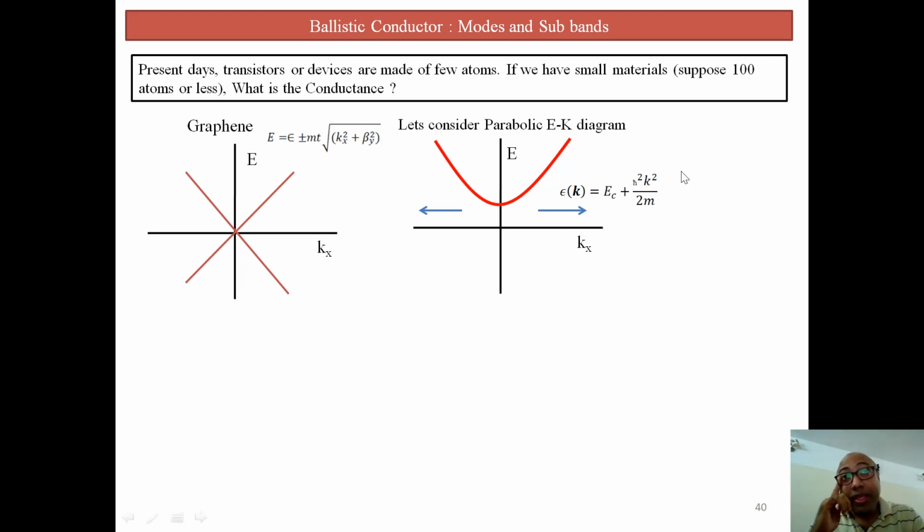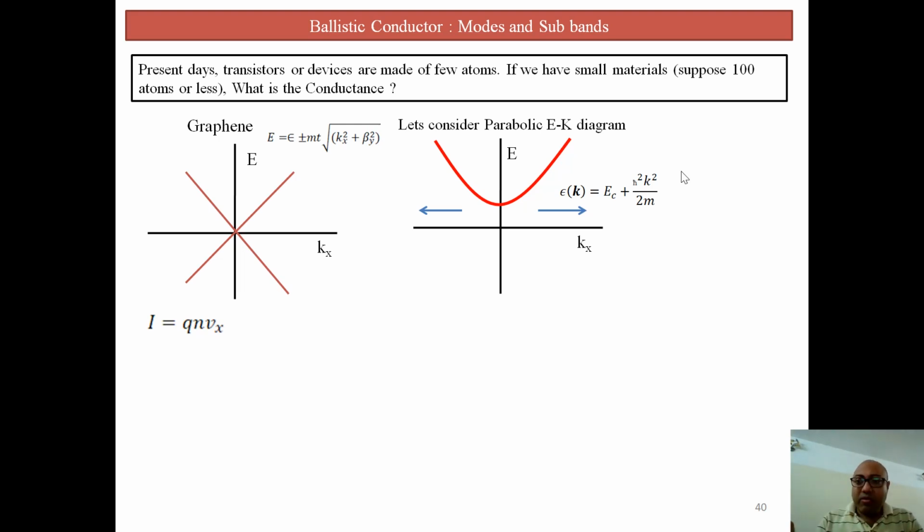Okay, so what is current? Since first semester we have been discussing current. Current I is equal to q n v, where q is the charge, 1.6 times 10 to the power minus 19 coulomb, n is the number of electrons or electron density, and v is the velocity, maybe group velocity.